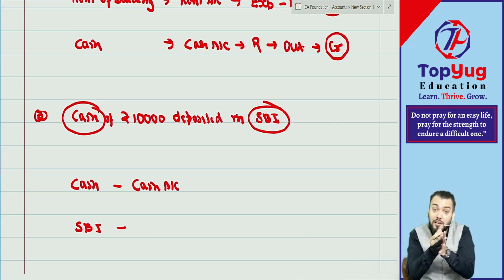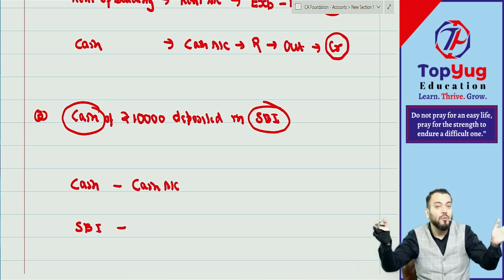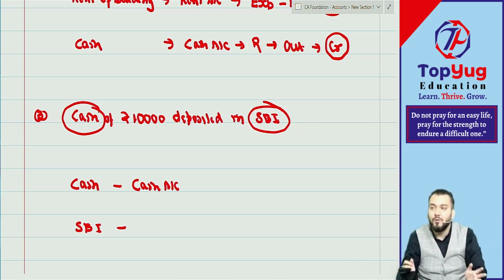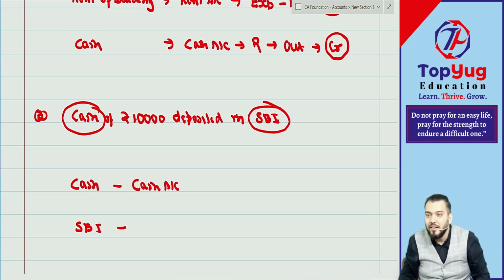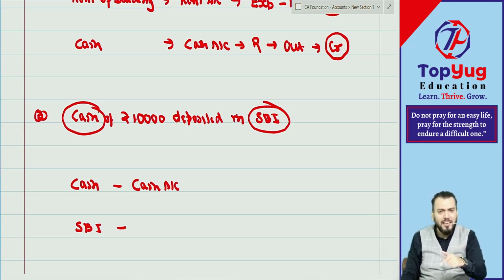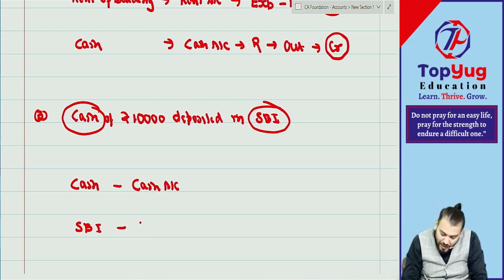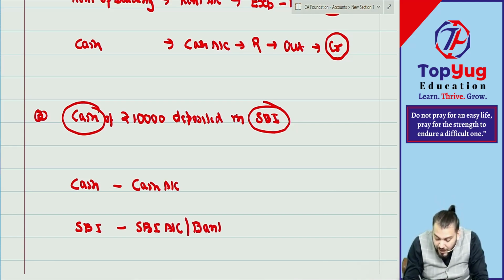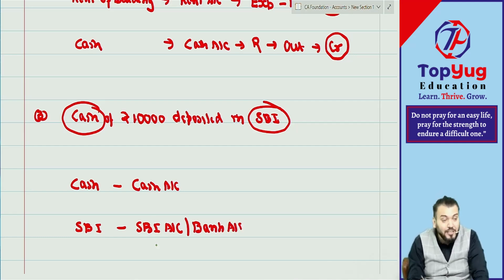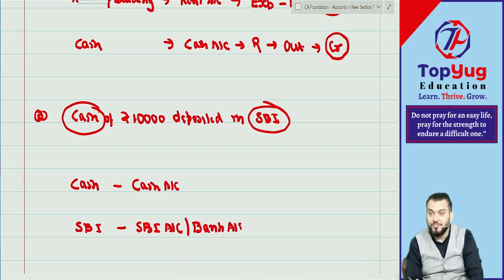But if you have a large number of banks, normally we open a bank account to simplify the accounting. So I can say SBI account or bank account. In exam, both are correct. When I am saying bank account, it becomes a representative personal account. When I am saying SBI account, it is an artificial person.